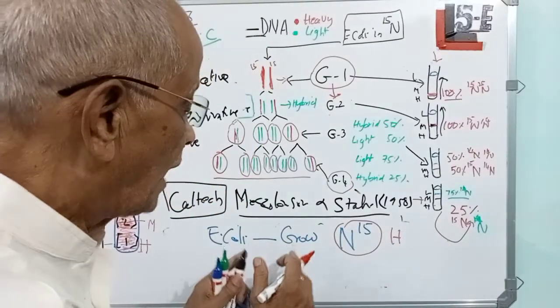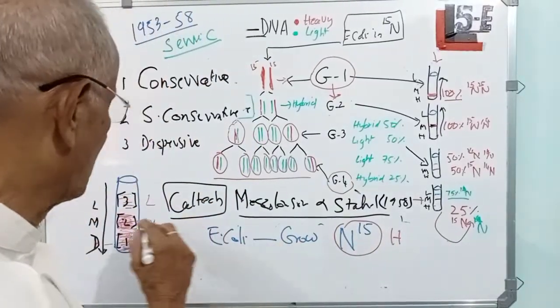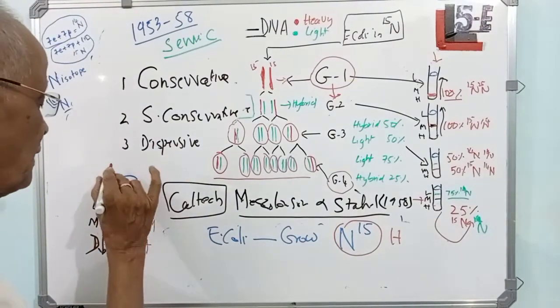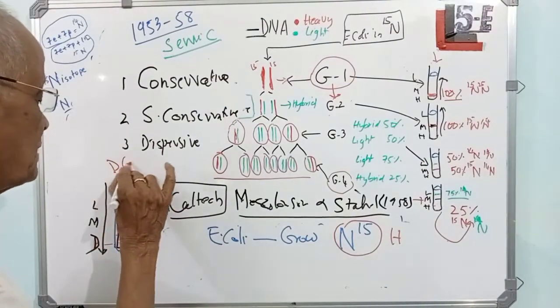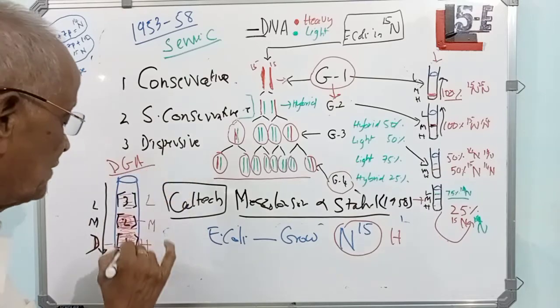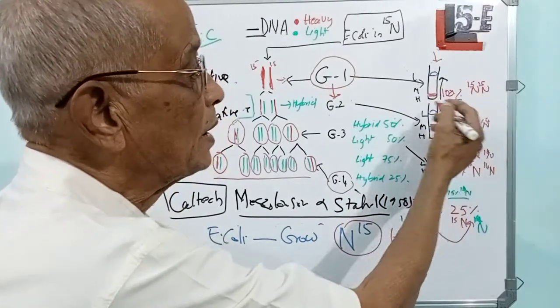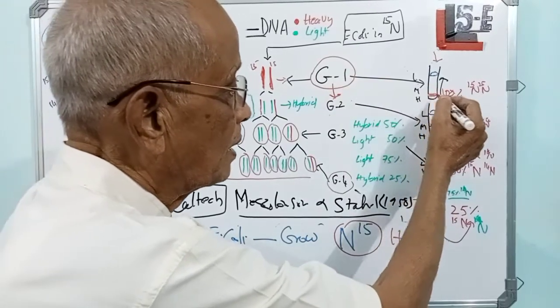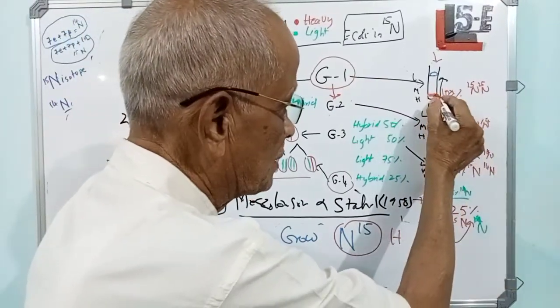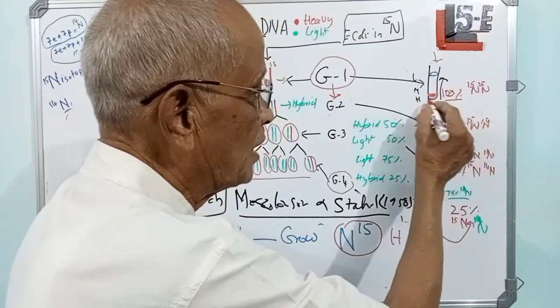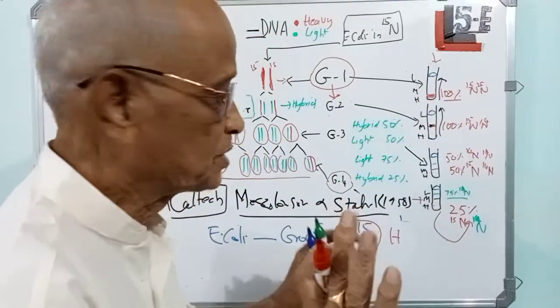So this is not a natural one, it is the experimental condition. They grew it, and then they analyzed it with the help of density gradient analysis. They found that almost all the fraction settled down at the bottom, indicating they were heavy. So that's the first thing they got.